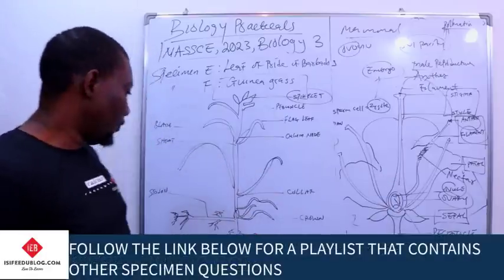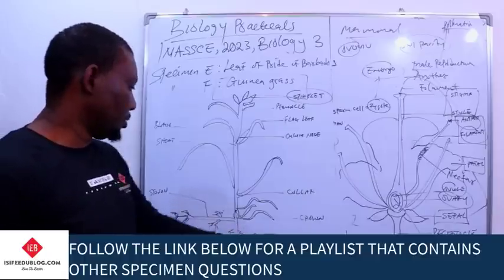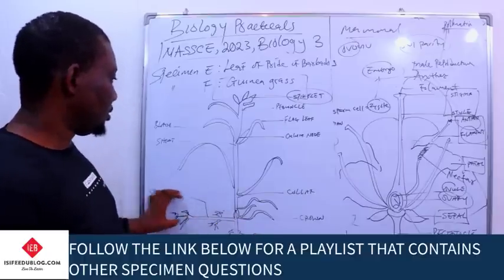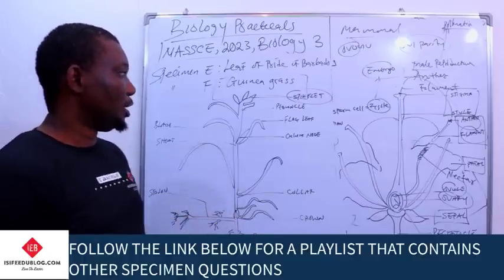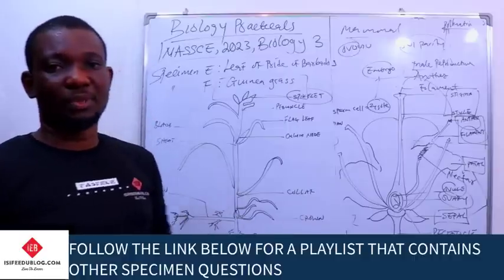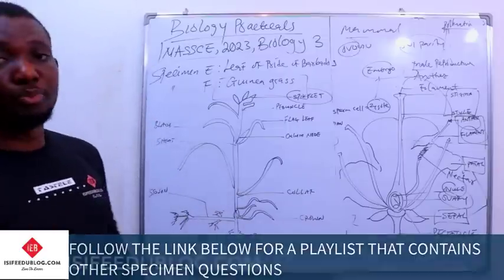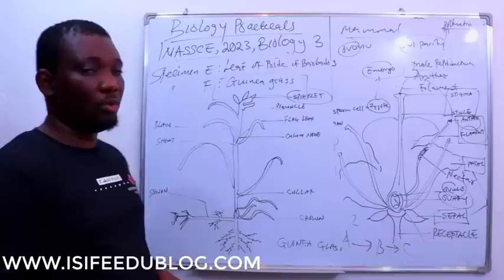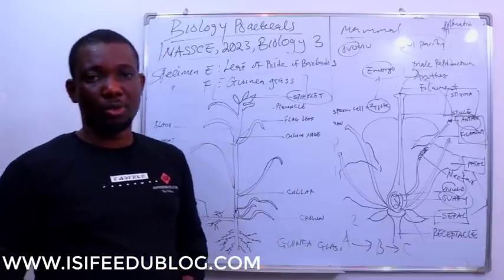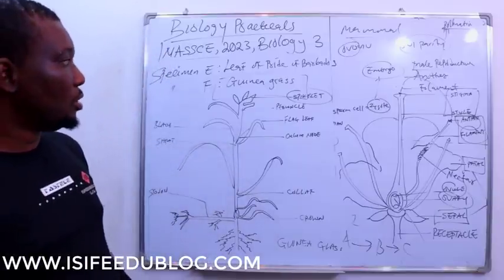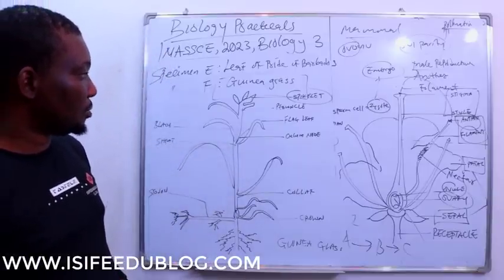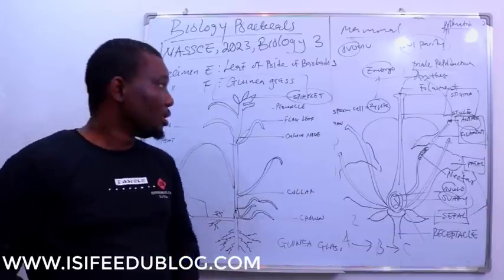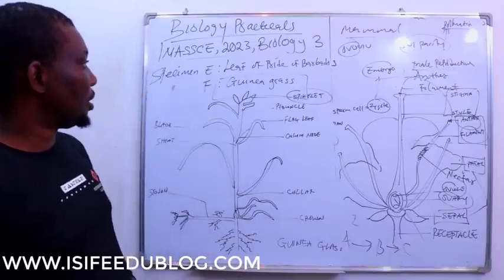Because of the creeping roots it has, this can spread as fast in a farmland, and at that point they become unwanted weed, because they inhibit growth of other crops that are cultivated in a particular farmland.